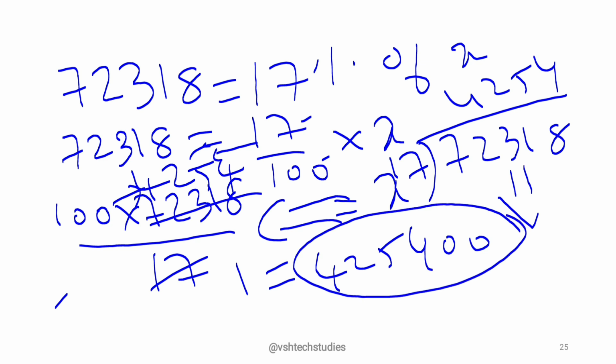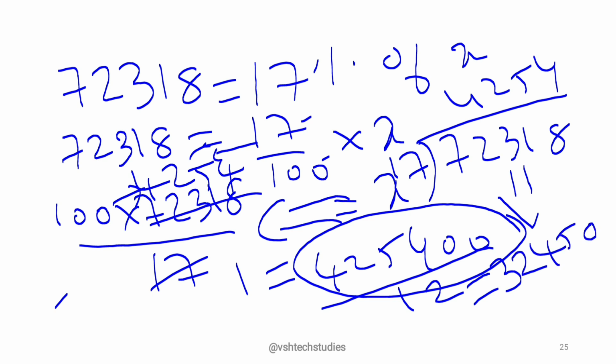Now we have to get monthly income, means this will have to be divided by 12. Okay. That comes out to be 32,450 rupees. This is the monthly income of Saroj. Okay. So this is the analysis, approach and solution to the problem.